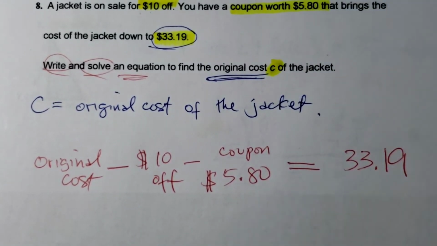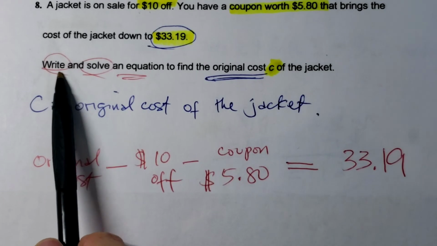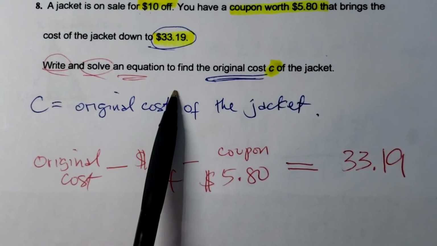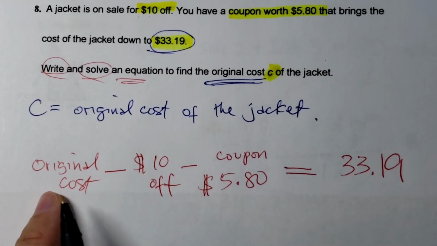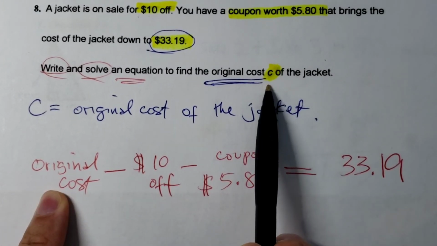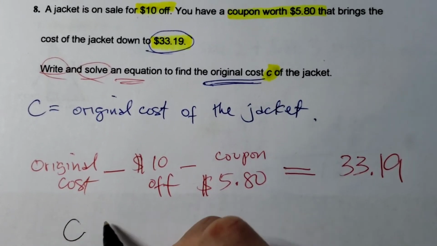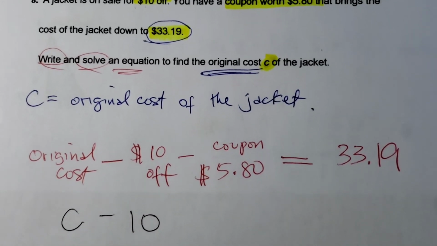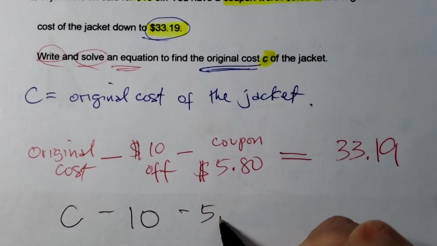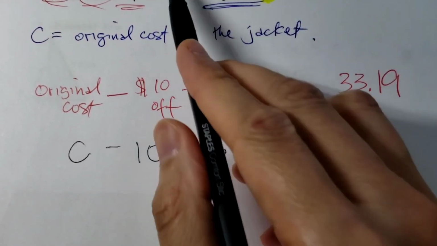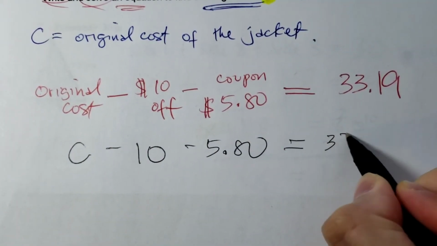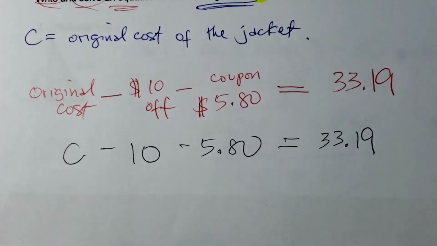Now why am I doing this? Because the instruction says to write an equation and solve it. Okay? So I hope you know where you found the values. The original cost that we don't know is represented by C. Minus $10 off, minus the coupon $5.80, and that brings our jacket cost down to $33.19.